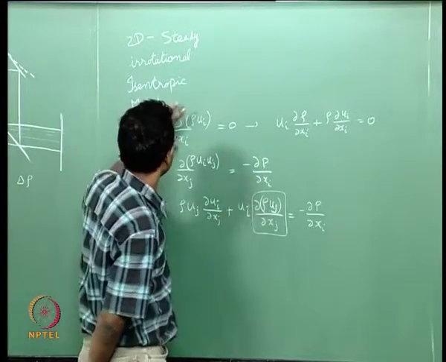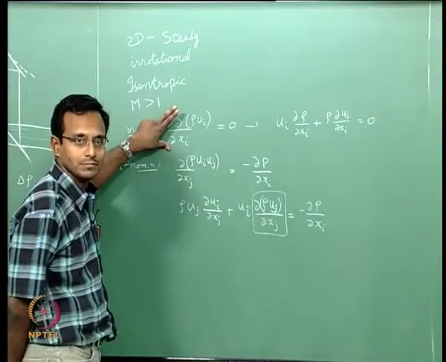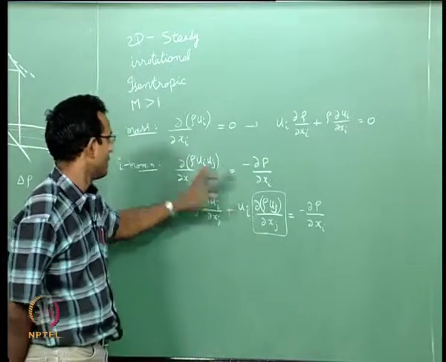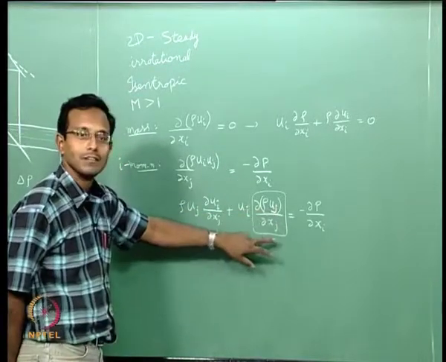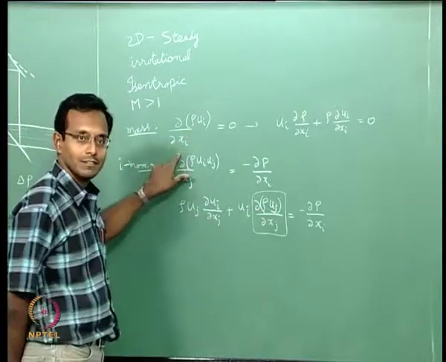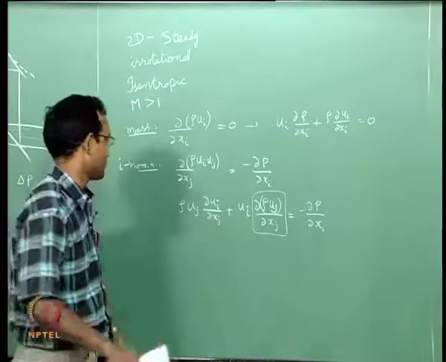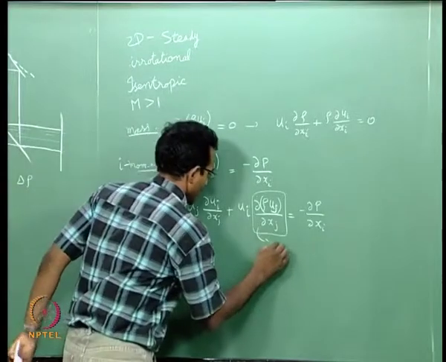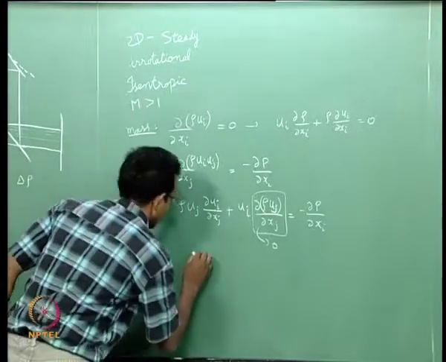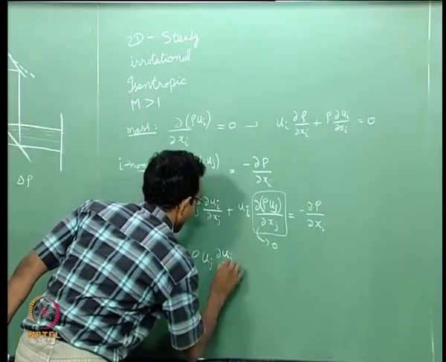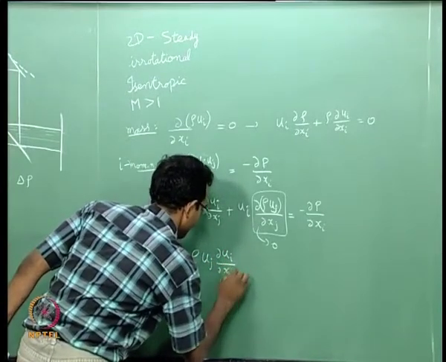If I look at this and this, they are exactly the same, except for i is replaced by j, that is all. We will not worry about this i, it might as well be k, and this can also be k. If that is the case, then I am going to say this unit is 0, this unit is 0. Okay. So, this is 0, so I will get my other expression. This is actually a part of fluid mechanics derivation, but I like starting from here, that is all.